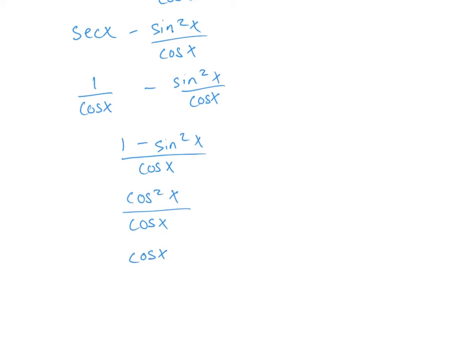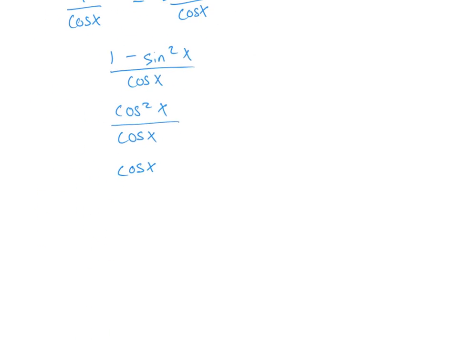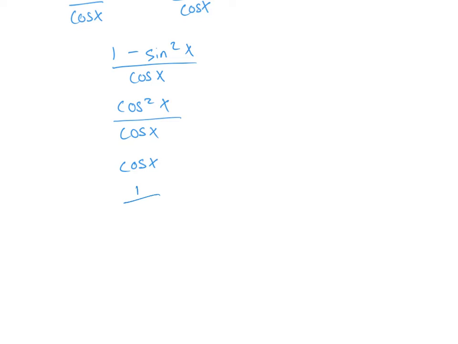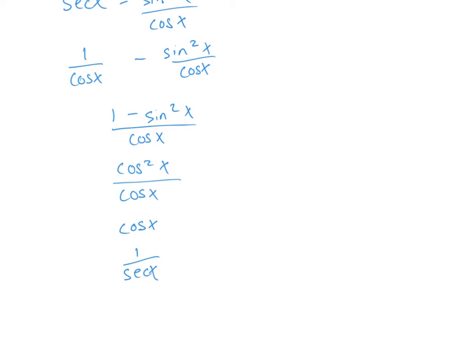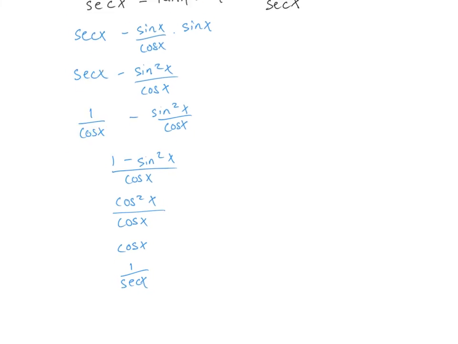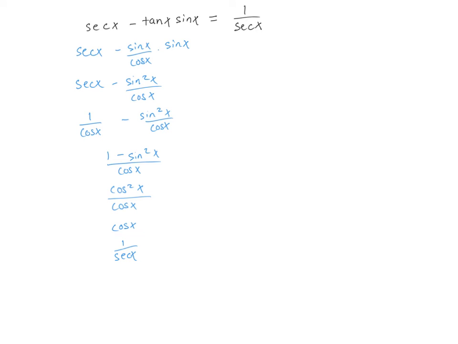And cosine of x, as we know, is the same as 1 over secant of x. So here we have it, proving that secant of x minus tangent of x times sine of x is the same thing as 1 over secant of x. Or we could have just said cosine of x.